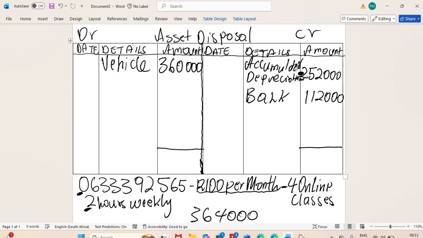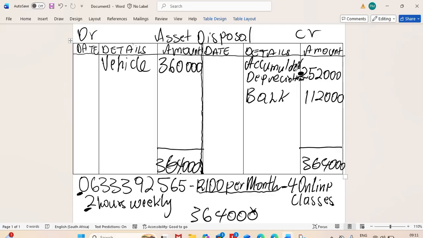So check, you have 364, you have 360 on the debit side, the cost price. Which side is the bigger side? So obviously it is the credit side. So you're going to balance our account with the credit side, 364,000. So what will happen here, guys?